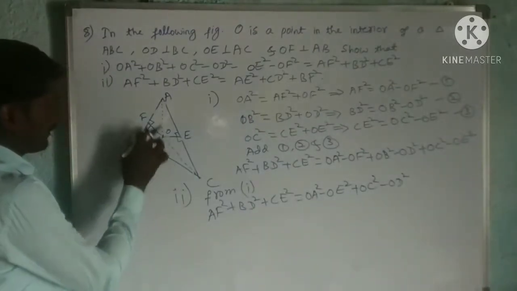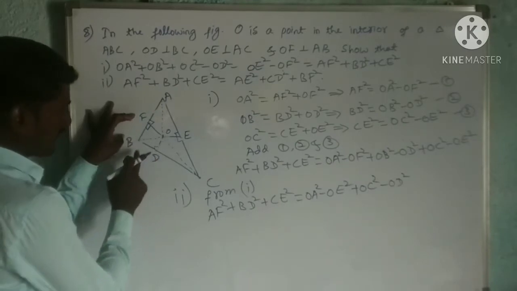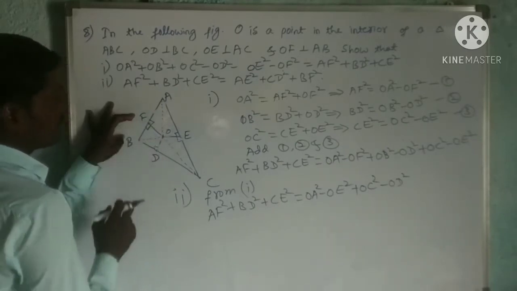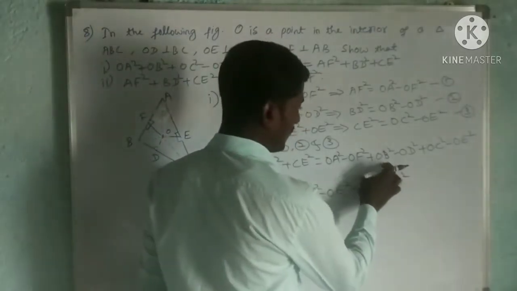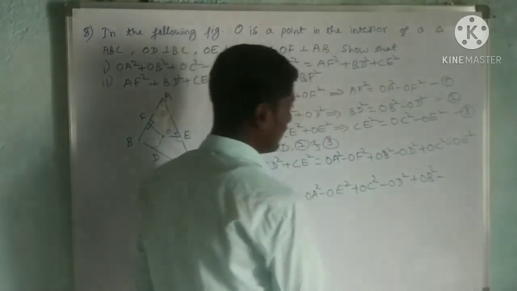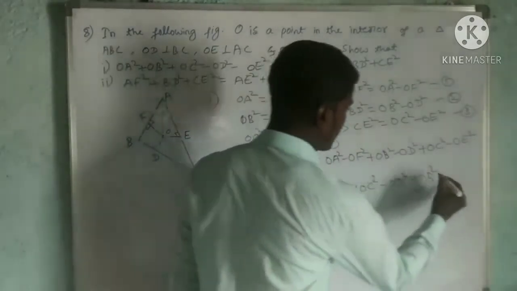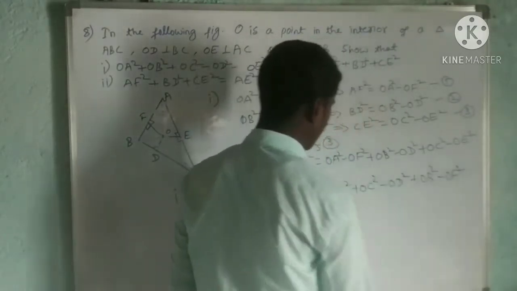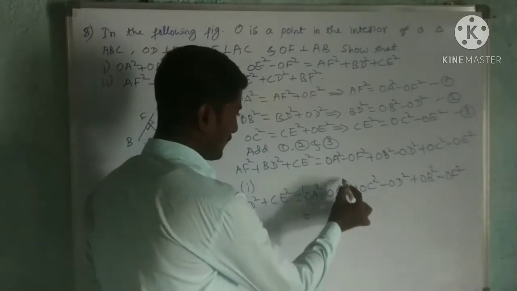Here BF, now here the hypotenuse is BO square. BO square minus OF square plus OB square, or BO square, OB square minus OF square. Now this is equal to, so I'll put a bracket here.